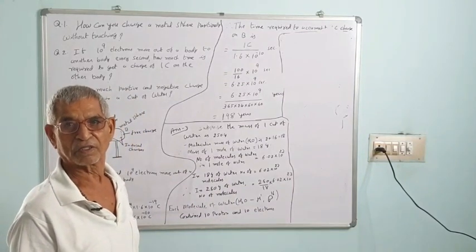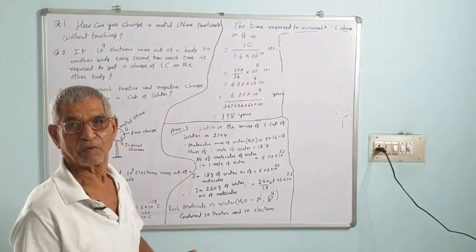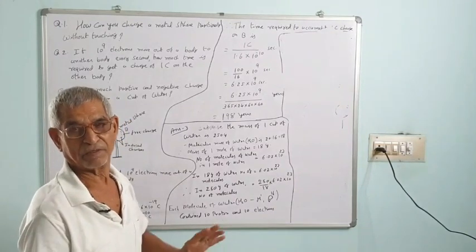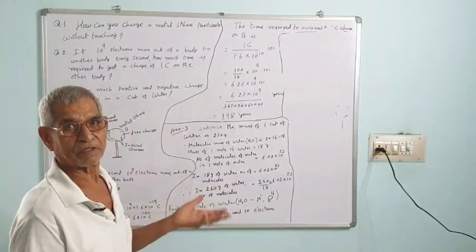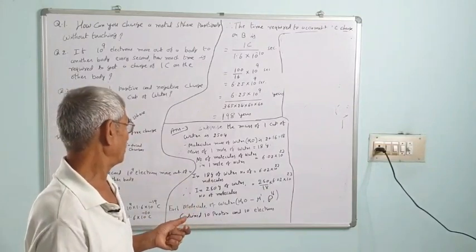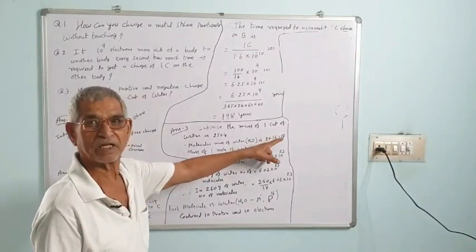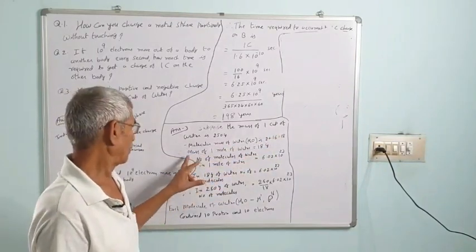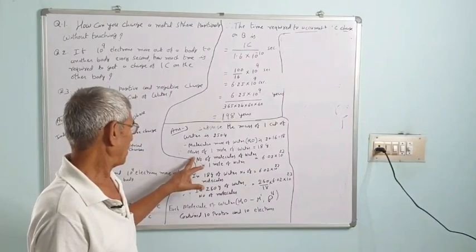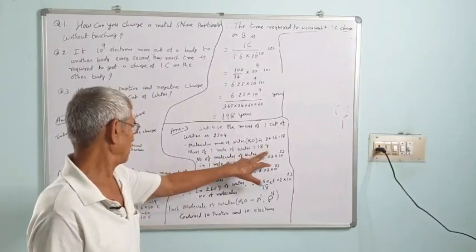Each molecule of water contains 10 electrons, 2 from hydrogen and 8 from oxygen. So we will have to calculate the number of molecules in 250 grams. We know that the molecular mass of water is 2 plus 16, that is 18. And according to Avogadro's law, the mass of 1 mole of water is 18 grams.